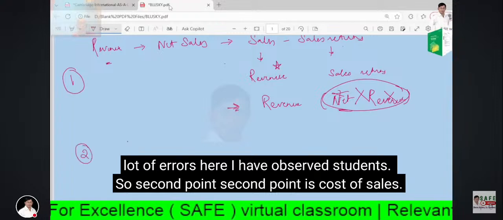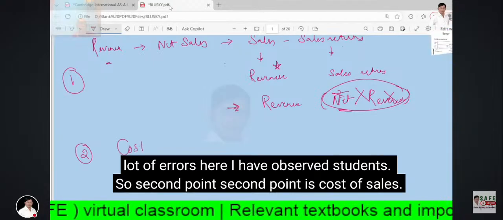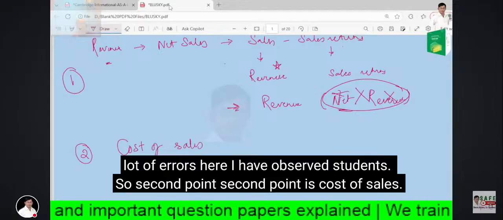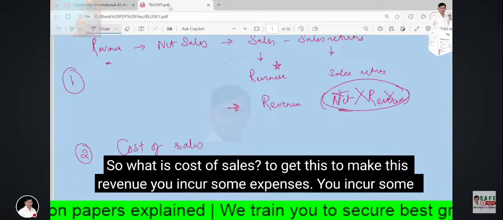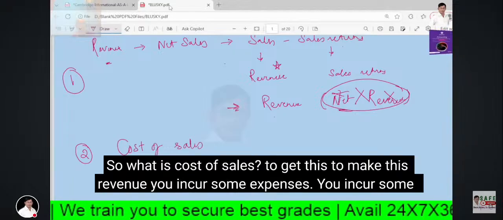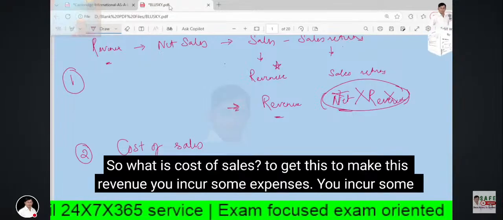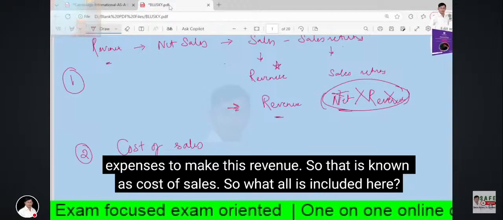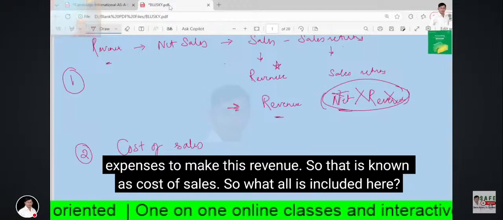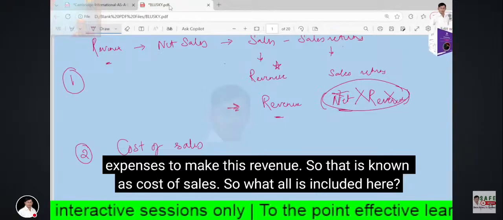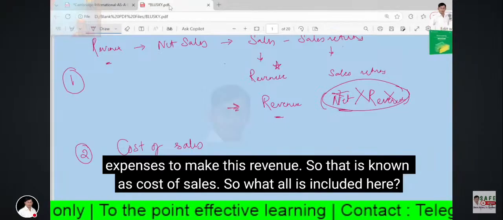The second point is cost of sales. So what is cost of sales? To make this revenue, you incur some expenses. That is known as cost of sales. So what all is included here?